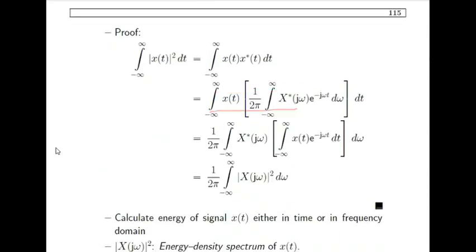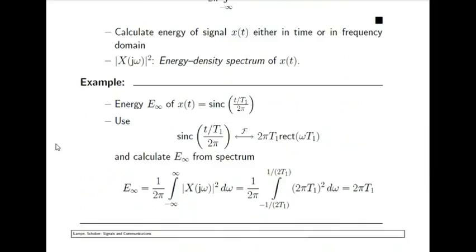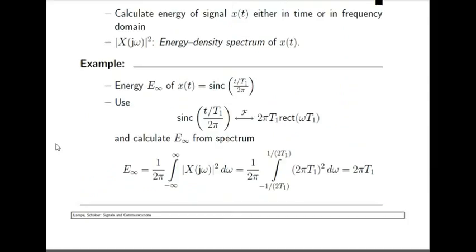Its proof is also there, so you can see the proof and understand it. I'm not going to explain it because I have already explained Parseval's relation two times in the last unit. There is also an example related to this. You need to do it yourselves.